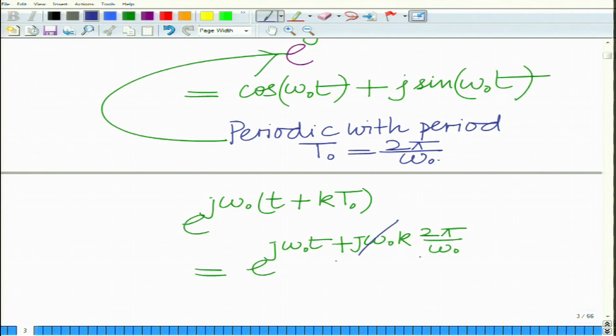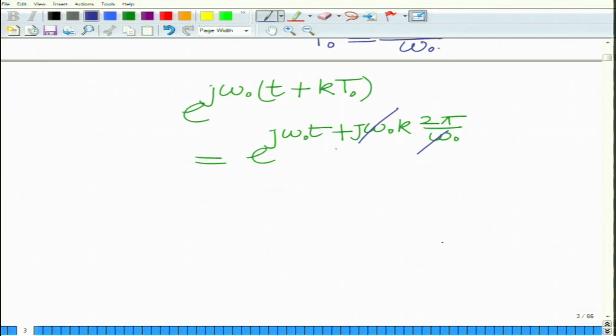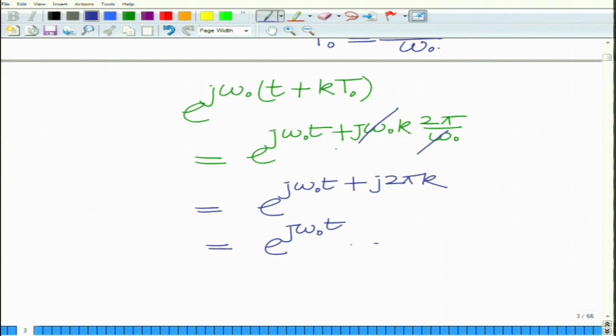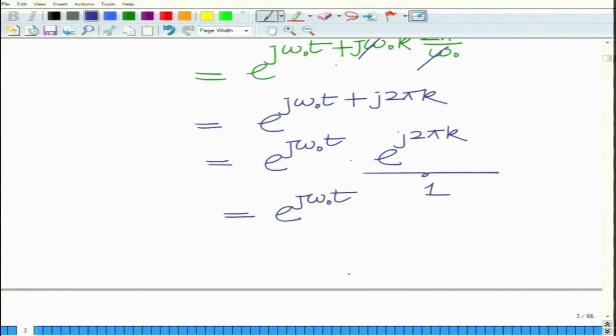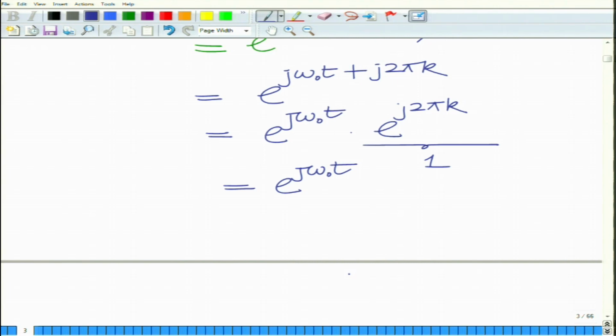So, these omega naughts cancel, and what is remaining is e raised to j omega naught t plus j 2 pi k, which is e raised to j omega naught t times e raised to j 2 pi k. Remember, e raised to j 2 pi k equals 1, which leaves e raised to j omega naught t. So, this is periodic with period T naught equals 2 pi over omega naught.